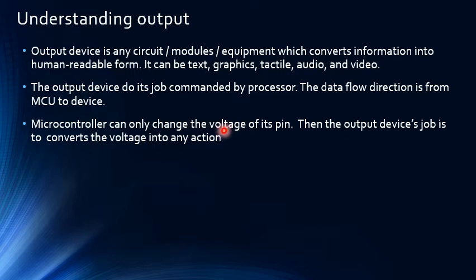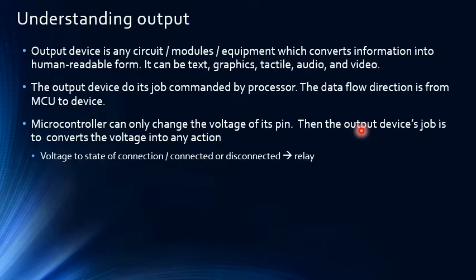By having this voltage change, the output device that is connected to the microcontroller through its pin converts this information in the form of voltage into any action. Like if we want to convert the state of the voltage to the state of connection, whether it should be connected or disconnected, then we need the module we call a relay.